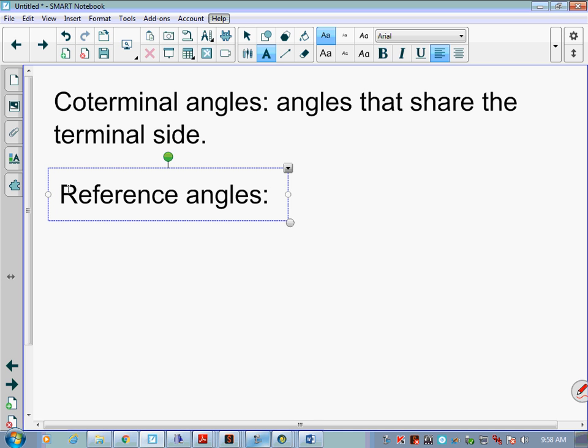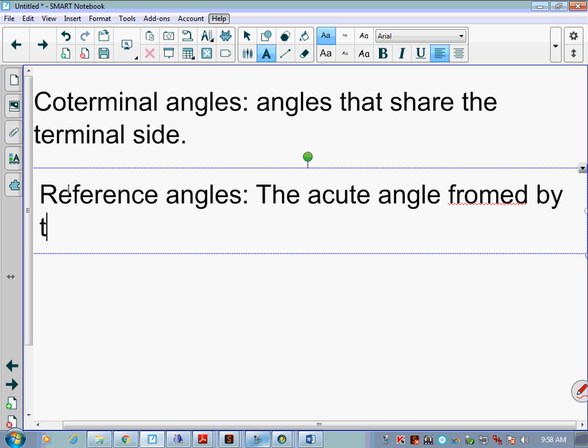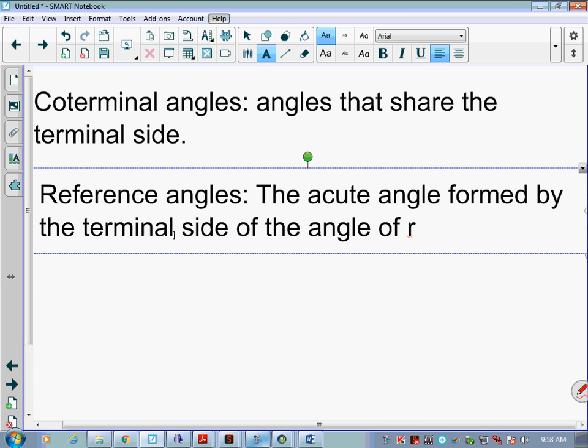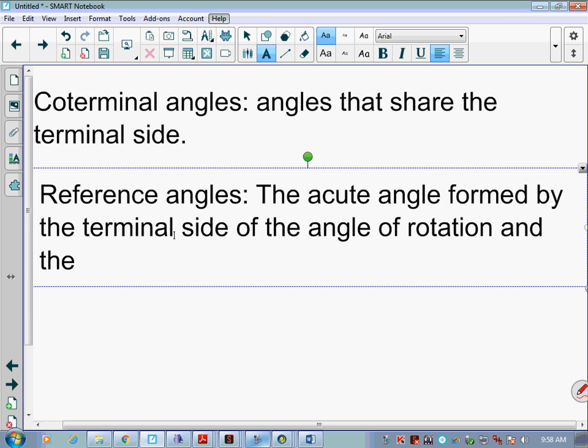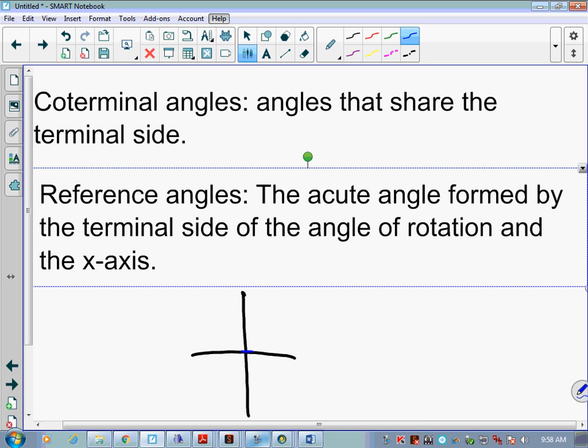Okay, so I'm going to write that the acute angle formed by the terminal side of the angle of rotation and the x-axis.